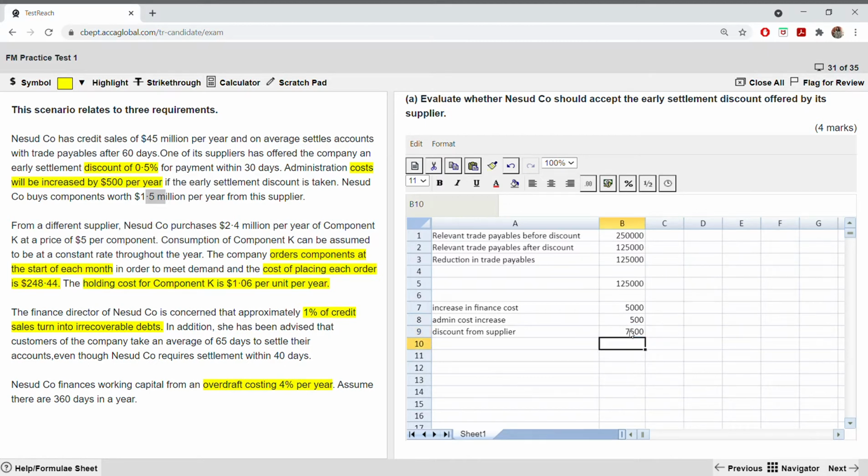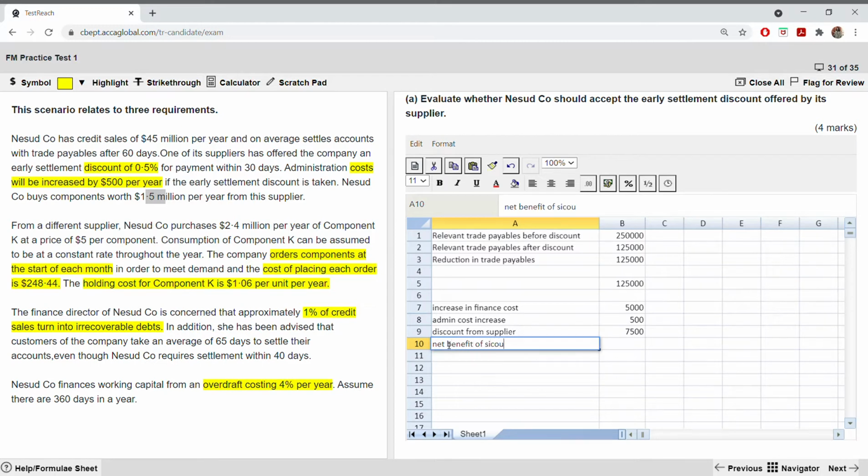Next, what is the net benefit of discount? I'm sorry, discount from supplier is not a cost. That will be the discount you will receive. You can write here: net benefit of discount.